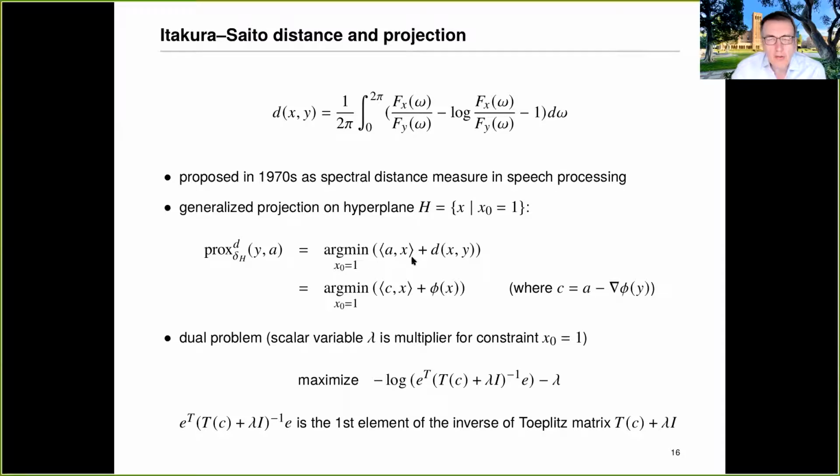We have a linear term, the distance from x to y, and then we project on this hyperplane. So if you just combine the linear terms in the distance with the linear term in the inner product, then we get this optimization problem where we have a linear term plus the kernel phi.